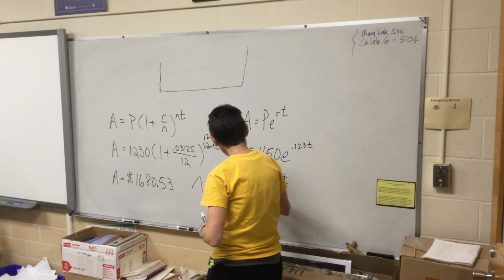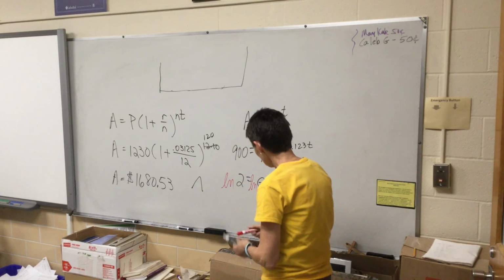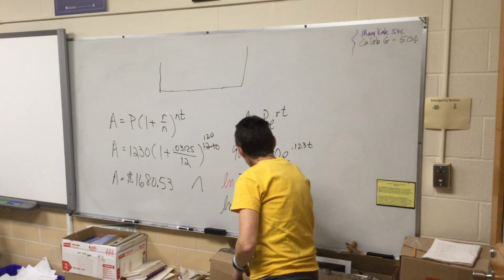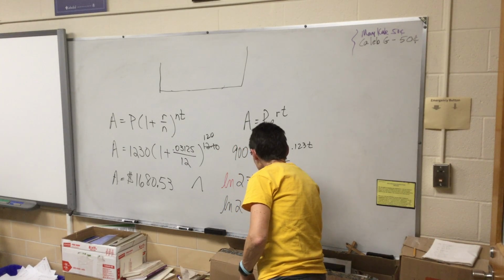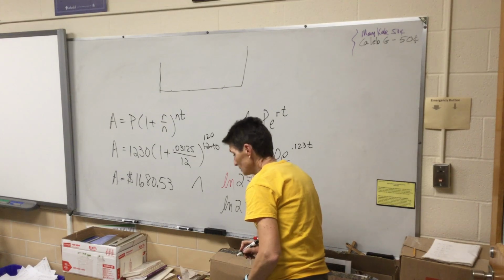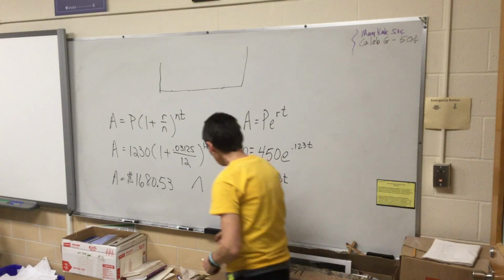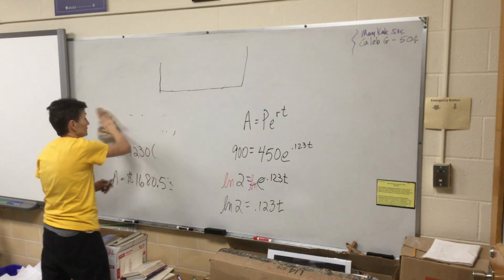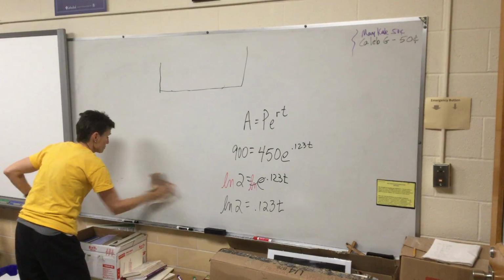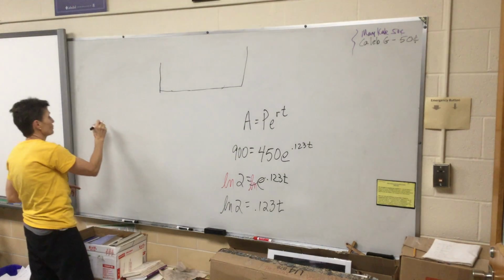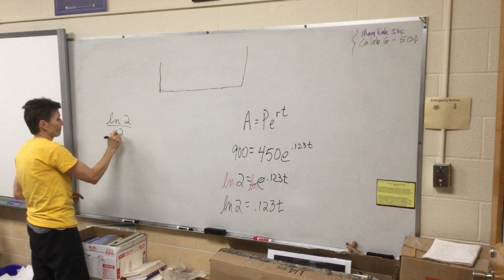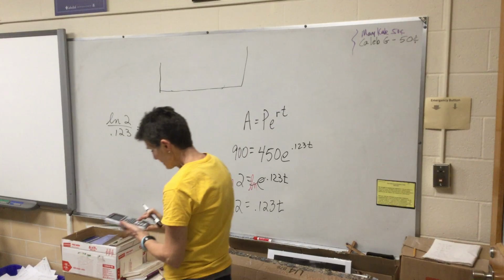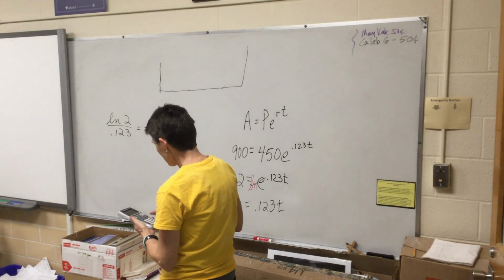We're going to ln both sides. So ln2, that cancels, equals 0.123t. So I'll divide ln2 by 0.123. Can't miss this one, just make sure you close that parentheses.